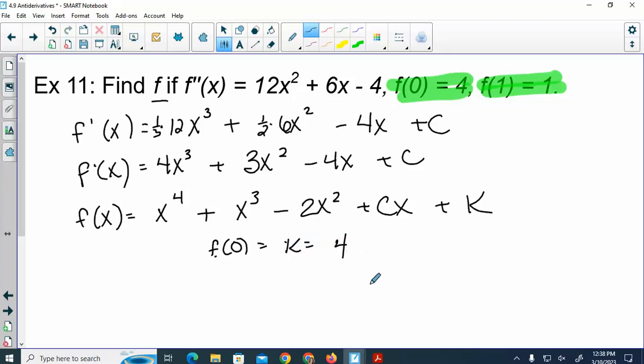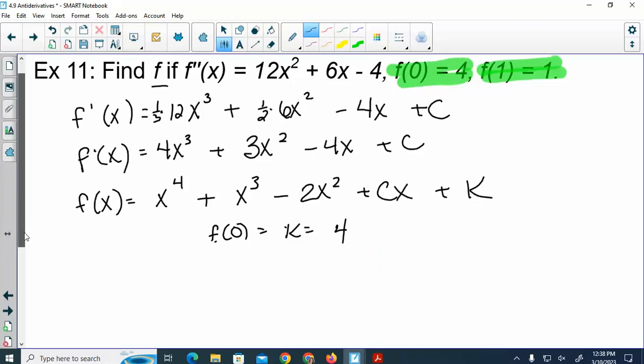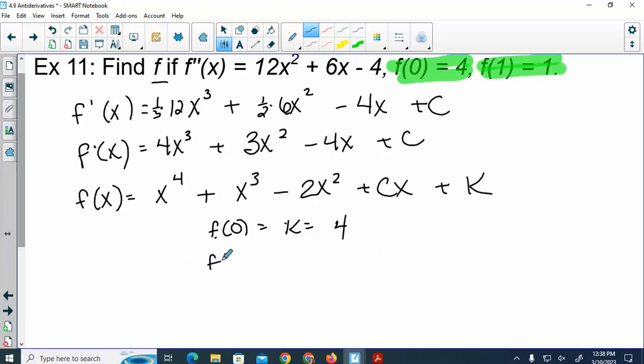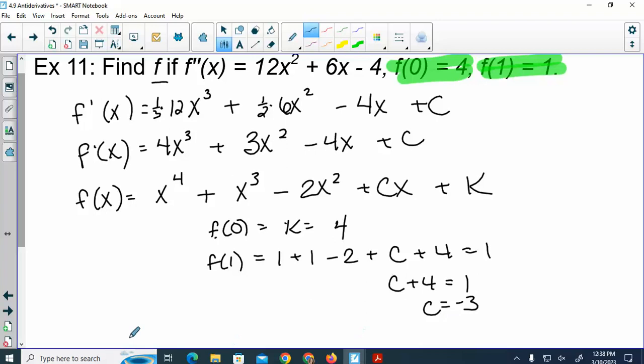So I know my k value is 4. F of 1 equals 1. So 1 to the 4th is 1, 1 cubed is 1, 2 times 1 squared is 2, c times 1 is c, and we know k is 4, and that equals 1. So c plus 4 equals 1, so c is -3.